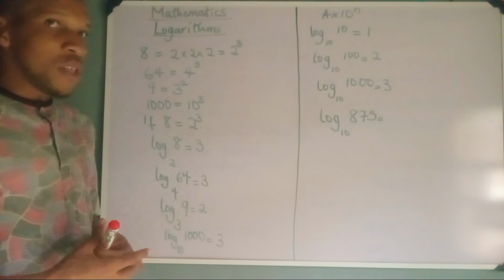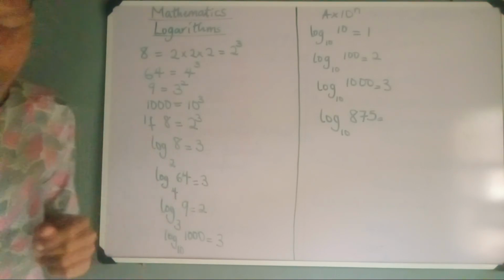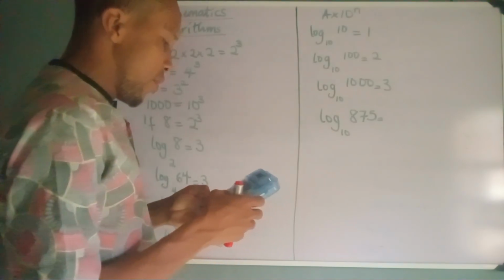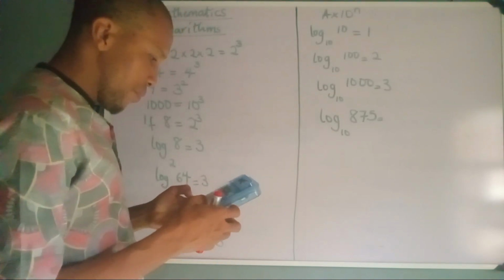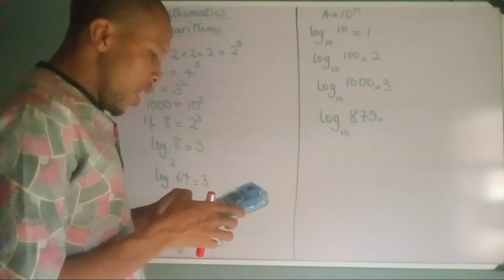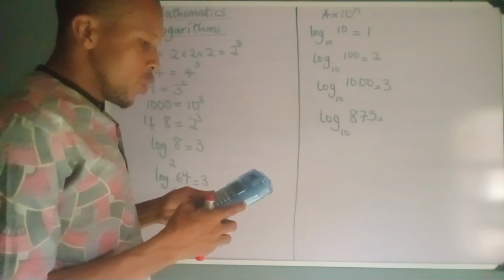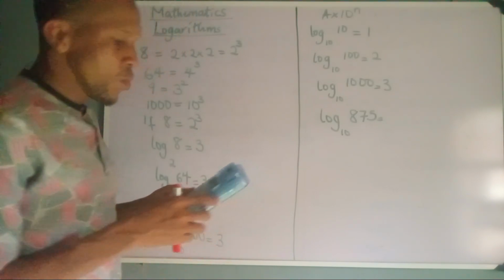So what do we do in this case? Let's use our calculator first. We need to obtain something. Now, log 875, we'll be having here log 875, and that gives us 2.9420.